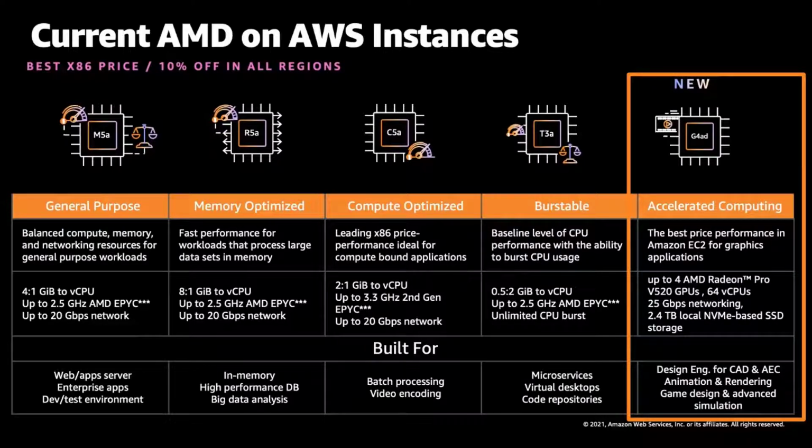The G4AD instance shares the same CPU as the compute-based optimized instance, AMD's Rome-based architecture, and it adds 4 AMD Radeon Pro GPUs. I'm going to let Samantha take it over from here to talk a little bit more in depth about those G4AD instances.